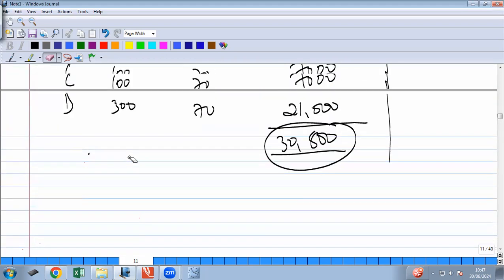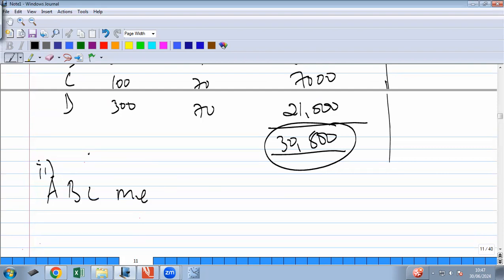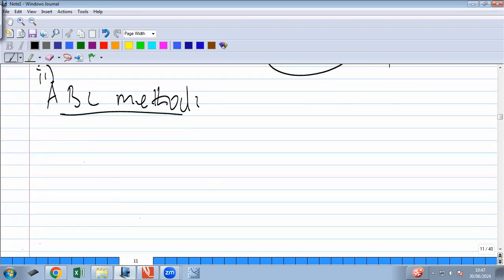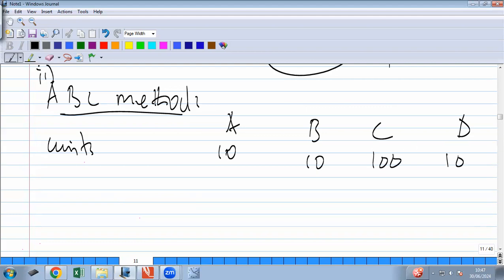Okay, so let us start with the ABC method. With the ABC method, of course, our focus is on the overheads. Direct labor cost will still remain the same. So we can say we have the units for A, B, C, and D. The units here are 10, 100, 100.